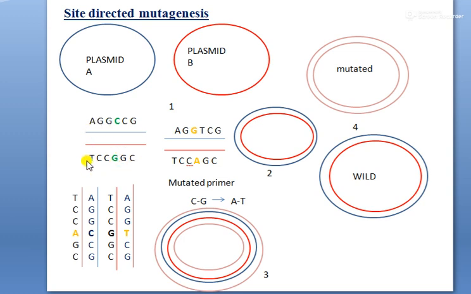That means A pairs with T, G pairs with C, this G also pairs with C, and C also pairs with G, and C also pairs with G, and G with C. This is a normal sequence, right?